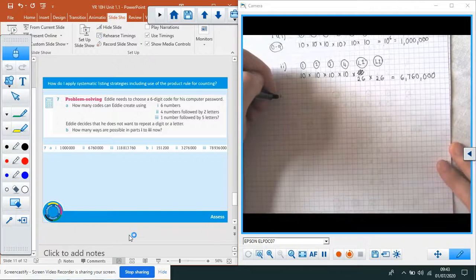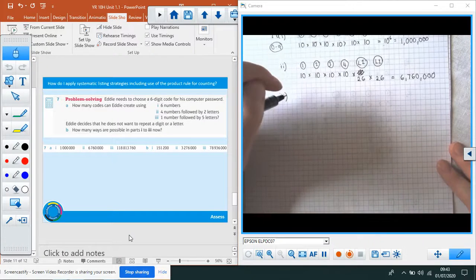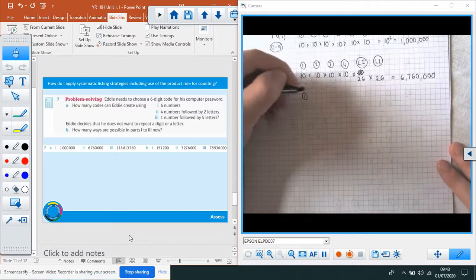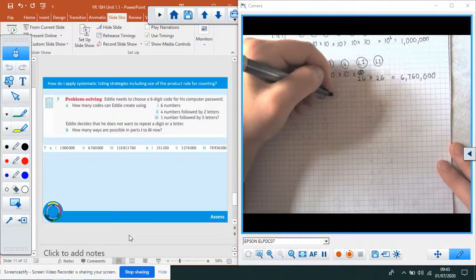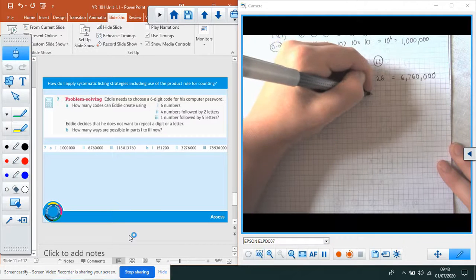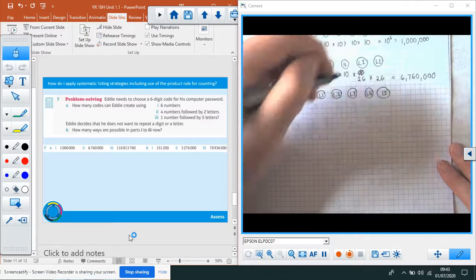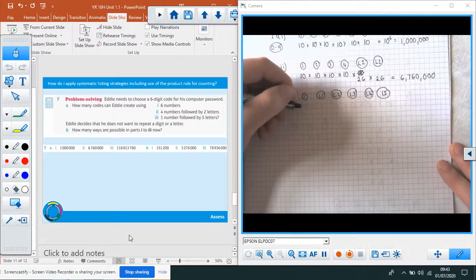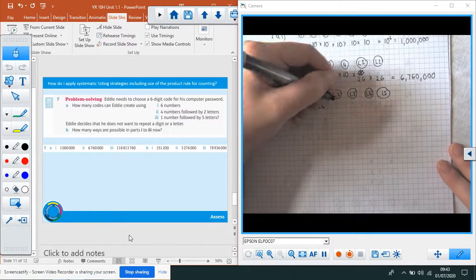Then part 3. One number followed by 5 letters. So we've got one number followed by 5 letters. So letter 1, letter 2, letter 3, letter 4, letter 5. Okay? So he's got 10 options for his numbers and 26 options for each of his letters.